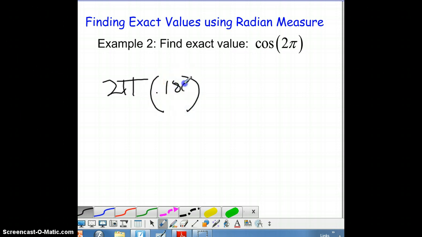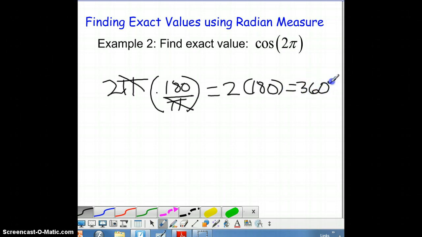So if pi equals 180, then 2 pi equals 360. But let's go through the steps. To convert from 2 pi, you can multiply by 180 over pi if you didn't realize what the conversion factor is, and we end up with 2 times 180, which does equal 360 degrees.